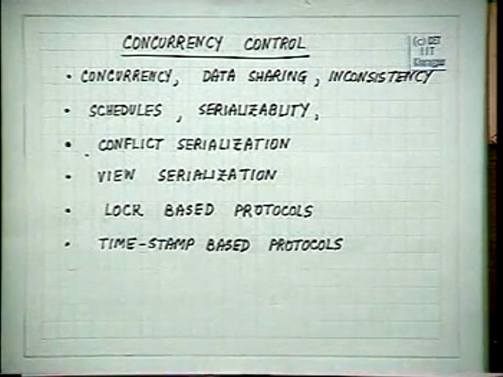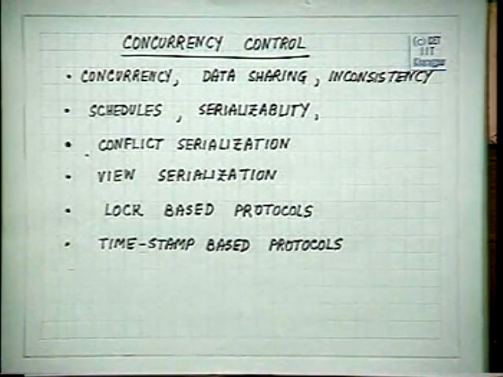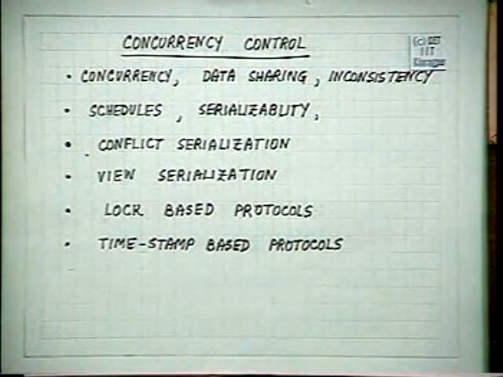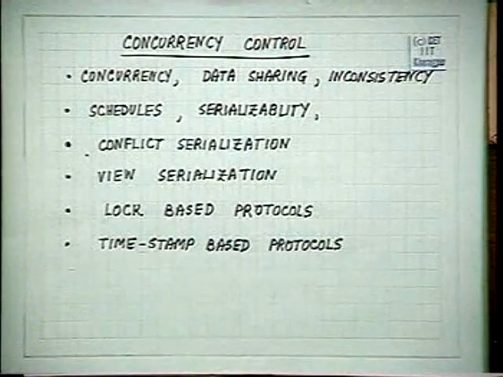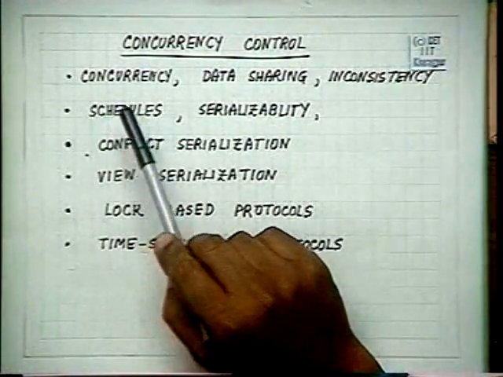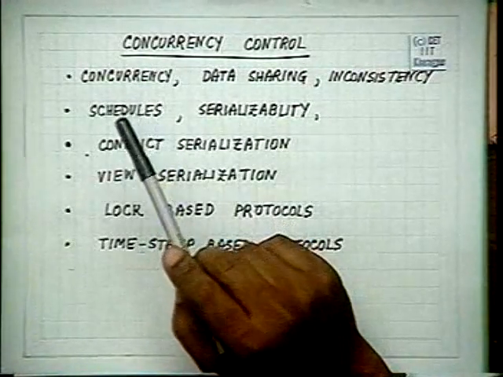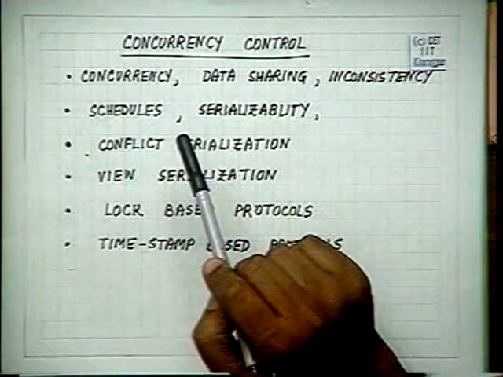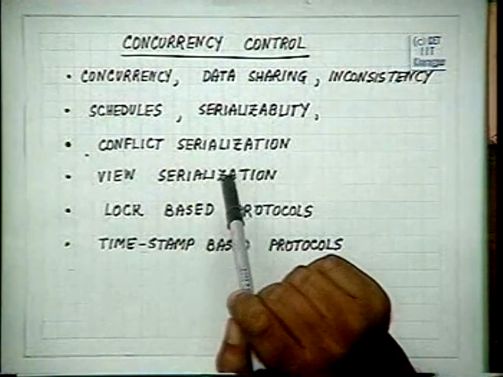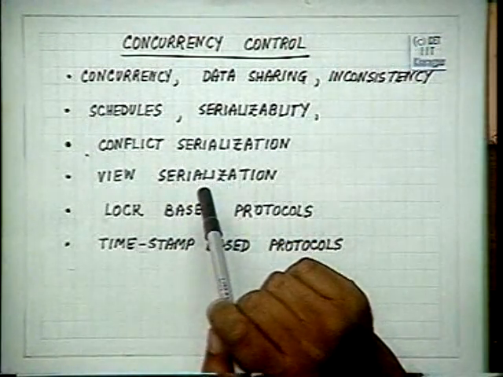Now in order to prevent this inconsistency, we have the mechanisms of concurrency control in database management systems. For that, we studied what are called schedules. A schedule, given a set of transactions, is the exact order in which the statements of various transactions are executed in time.